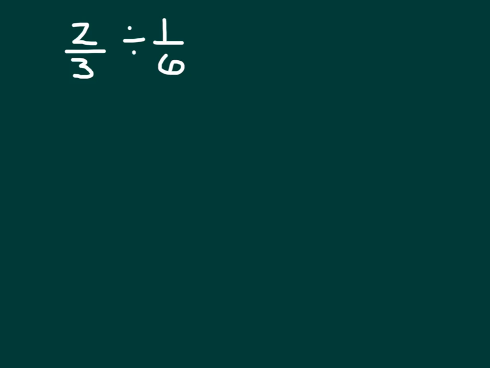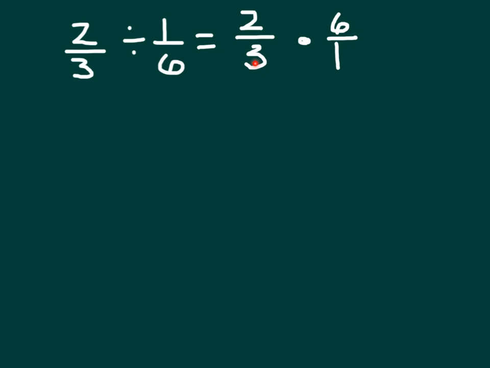Now let's try 2/3 divided by 1/6. Remember, what we're going to do is rewrite the problem, except we change the division sign to a multiplication sign, and we flip the second fraction. Use the reciprocal. Once again, what we're going to try to do is go ahead and reduce the fractions before we do our multiplication. So we look at it, and once again, this is a 3 and a 6.